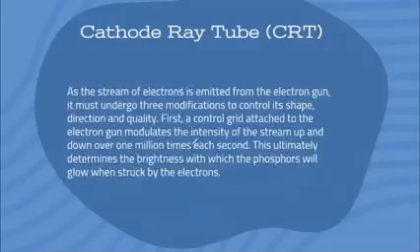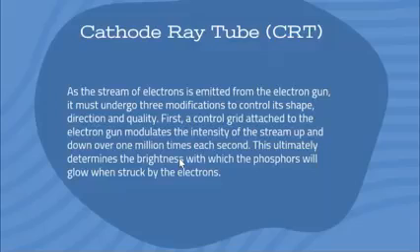As a stream of electrons is emitted from the electron gun, it must undergo three modifications to control its shape, direction, and quality. First, a control grid attached to the electron gun modulates the intensity of the stream up and down over a million times each second. So, the control grid varies your stream of electrons. Okay?